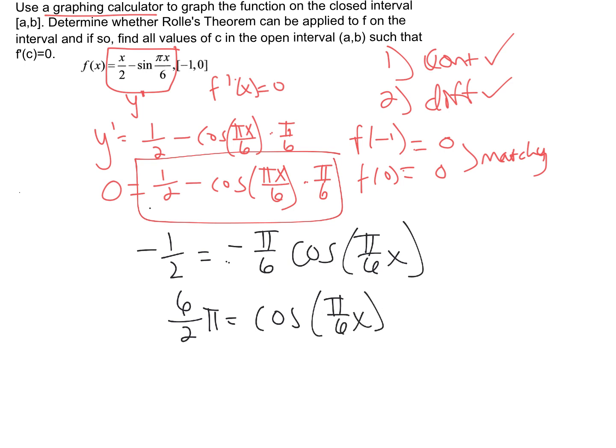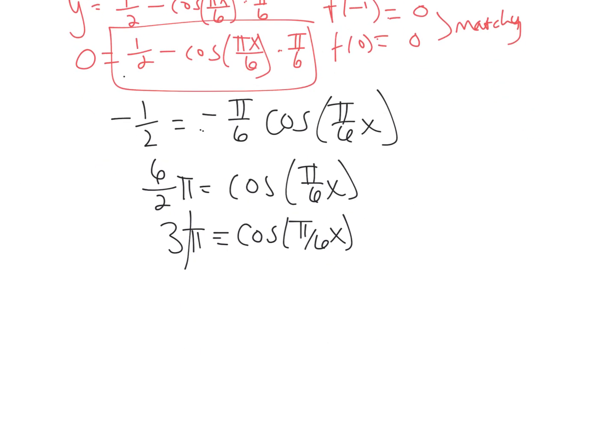So then that's really 3 pi equals, oh, it's divided by pi, I lied. So it's 3 over pi equals cosine of pi over 6x. So 3 over pi is not a number that we can find on our unit circle, so you would actually want to do inverse cosine.